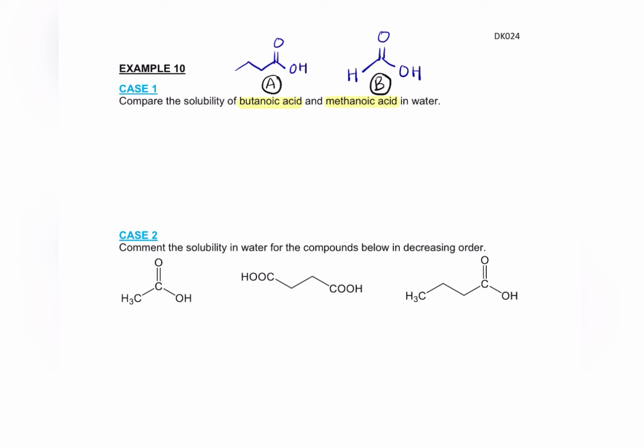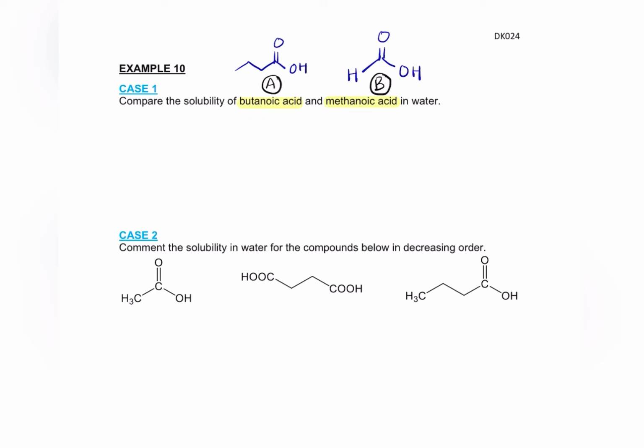So if you see here how you want to explain, I'm going to see the number of carboxyl group in these compounds. If you see here, both of them got 1 carboxyl group. So we cannot compare based on number of carboxyl group. So now the second factor, which is the size of molecule, can be used in this explanation.